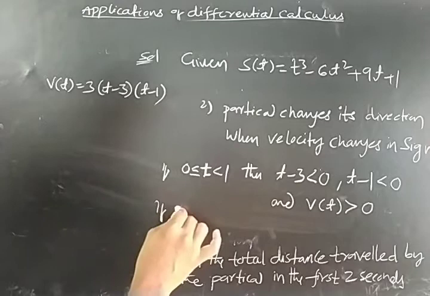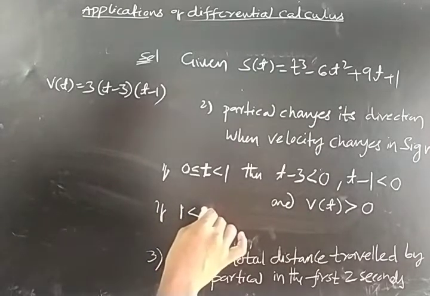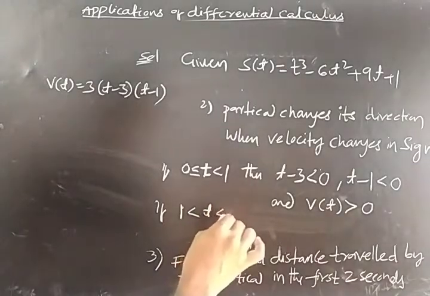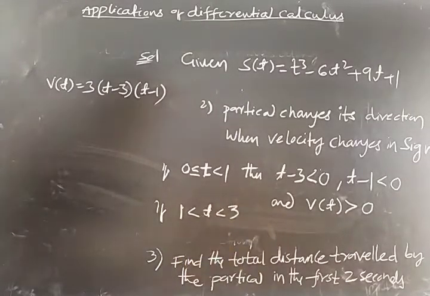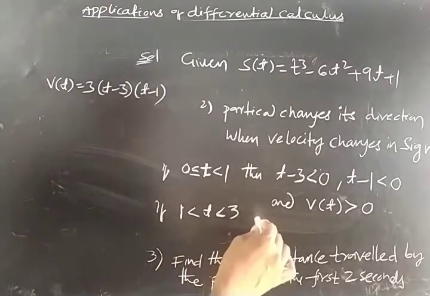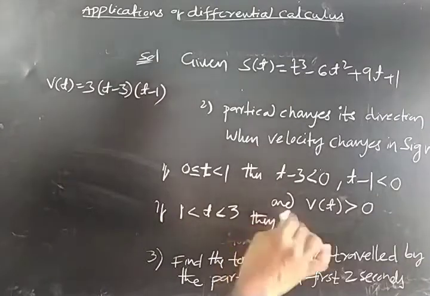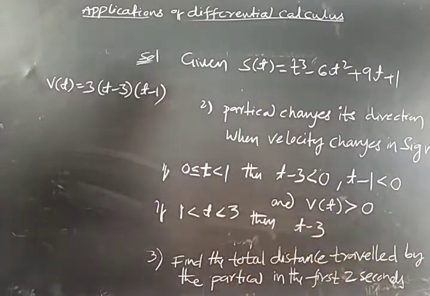If t lies between 1 and 3, I'm checking in this interval. See, is the t minus 3 factor positive or negative?